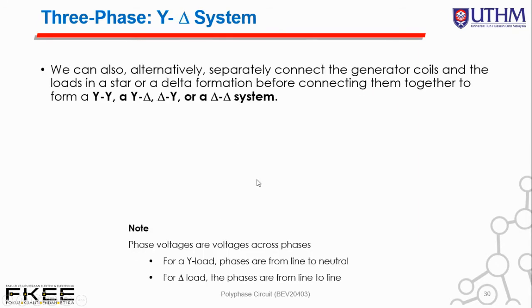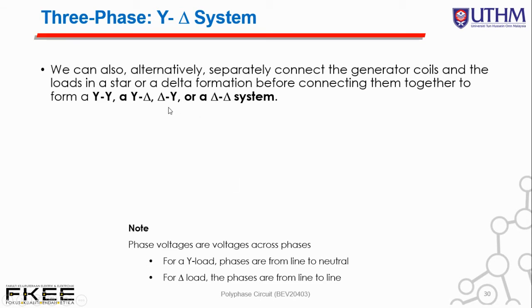So we have the second system, namely the star delta system. We can alternatively connect the generator coils and the loads separately in star or delta formation before connecting them together to form a YY or star star, Y delta or star delta, delta Y, or a delta delta system.